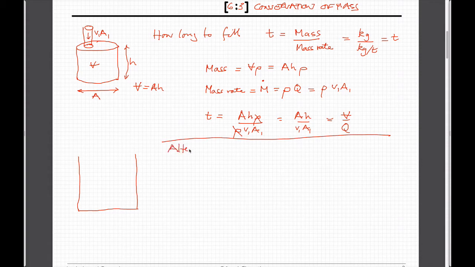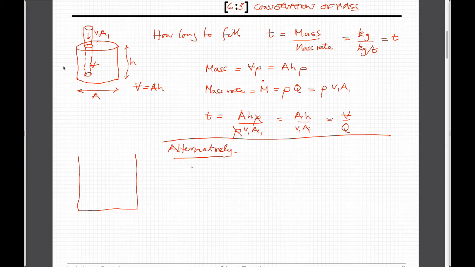Alternatively, what we could do is take this system and look at the bead of water which comes down to hit the bottom of the bucket.